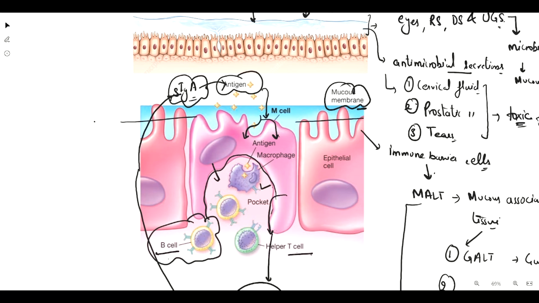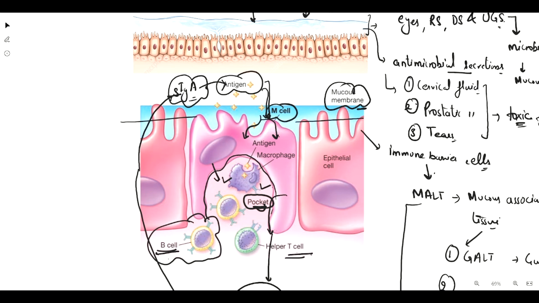If an antigen penetrates this membrane, it encounters specialized cells such as M cells, which contain pockets where B cells, T cells or macrophages are present, and the antigens are phagocytosed by the macrophages and digested.